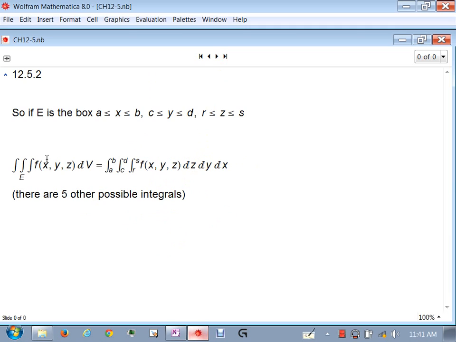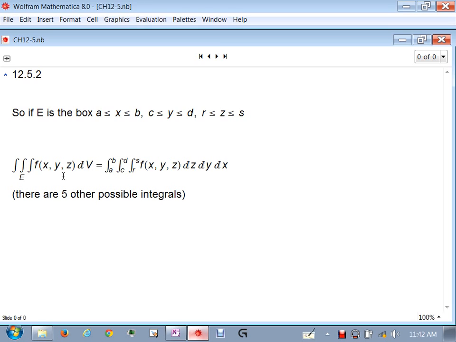So let's suppose that E is a box where x is stuck between two constants, y is stuck between two constants, z is stuck between two constants. Then the triple integral over E, over that box, of f of x, y, z. So here you can see our function, right? Our hypersurface is 3 variables go in, one value comes out. It's a 4-dimensional thing.